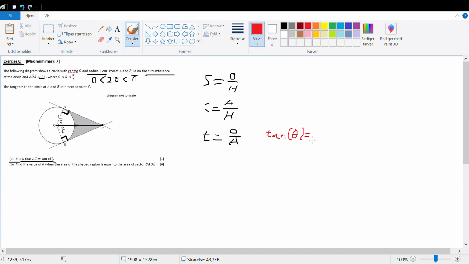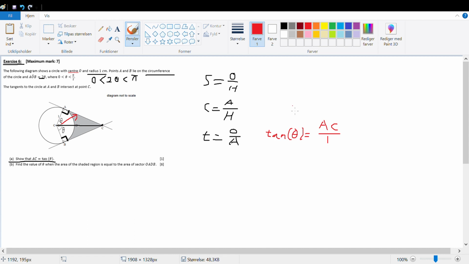then that should be the same as the opposite. What's the opposite to this theta here? It must be this side here, AC. So I should be putting AC up here. And then it tells me to divide by the adjacent. What is the adjacent? Well, if this was the opposite, this side here is clearly the longest, so this one over here, this 1, must be the adjacent. So I can divide by 1.